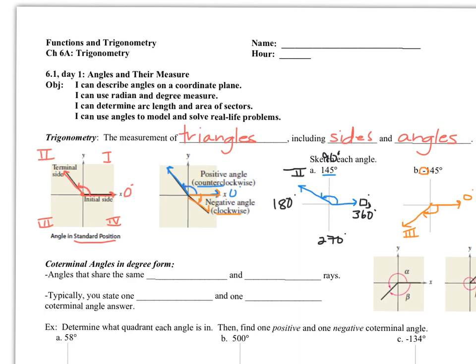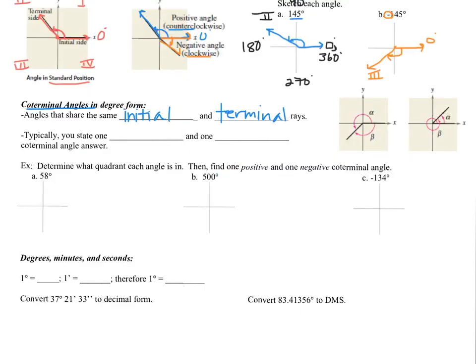A new term for us to recognize is coterminal. Coterminal angles in degree form are angles that share the same initial and terminal rays. Typically, you would have one positive and one negative coterminal answer.